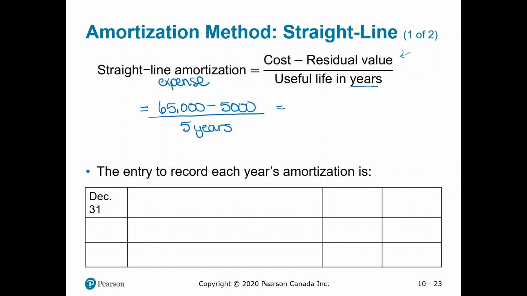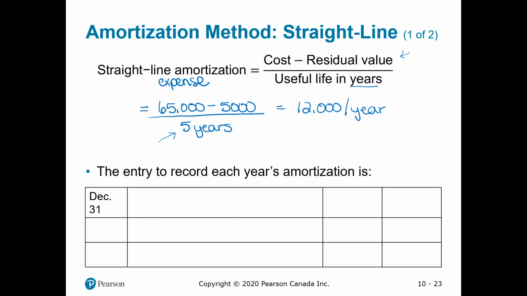So 60,000 divided by 5, we end up with $12,000 per year. So for the straight line, it's the same every single year. So at the end of 2020, 2021, 2022, all of the years up to 5 years, we are going to record amortization expense of $12,000.